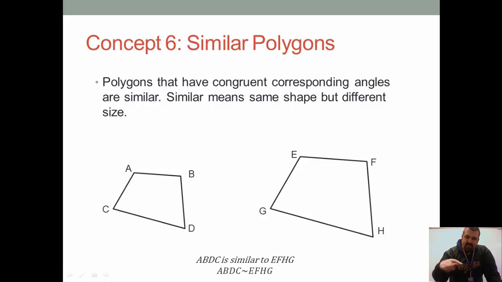Just using the tilde symbol tells me is similar to. It's our mathematical term for is similar to. If we're talking about two shapes, that's what it means. Quadrilateral ABDC tilde quadrilateral EFHG tells me those two quadrilaterals are the same exact shape, but different sizes.